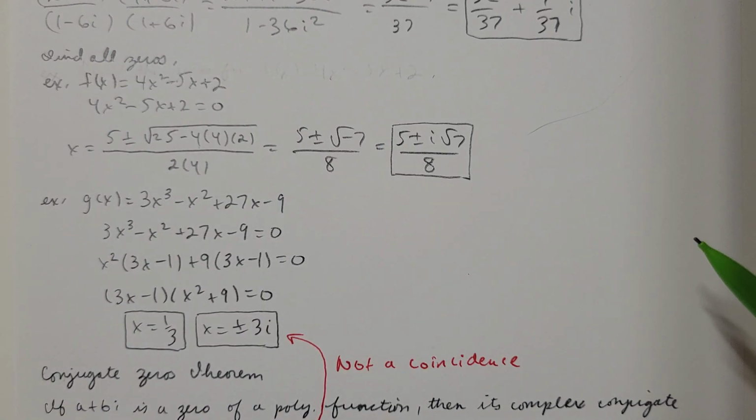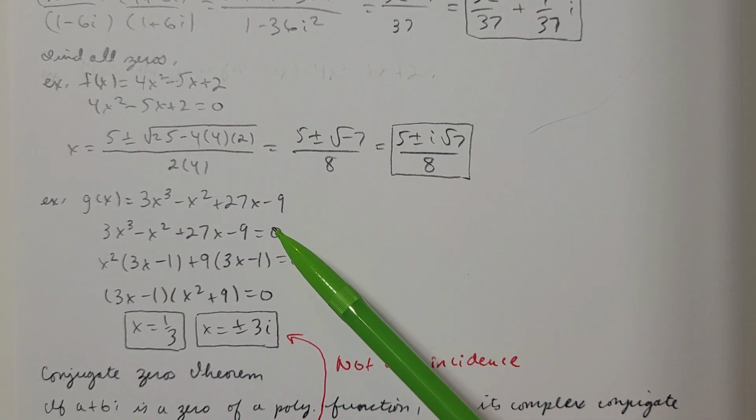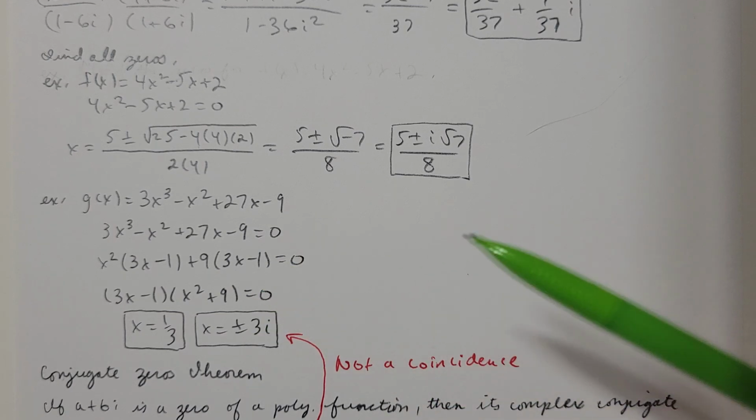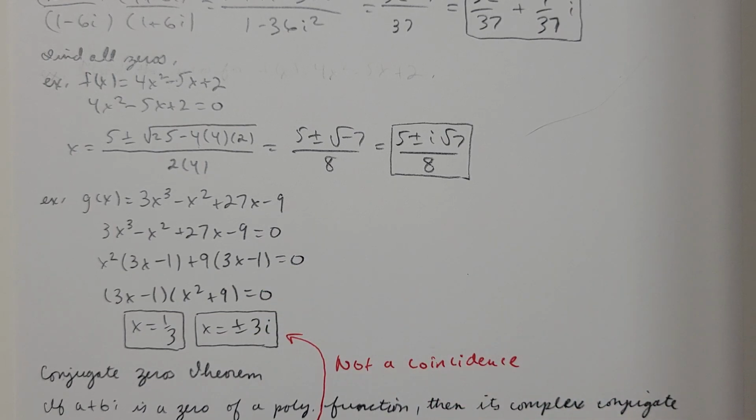Okay, I can't really do that here. I mean, unless I think of 1/3 or 3i or negative 3i, I can't get started with the problem, right? So the way that we did this problem, that's the best way to do the problem, okay?